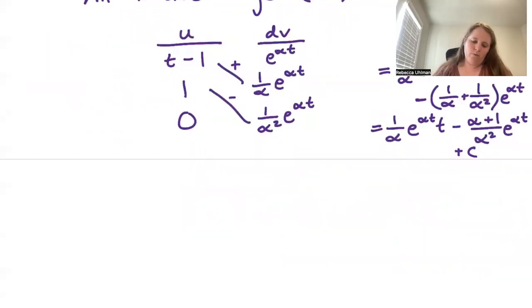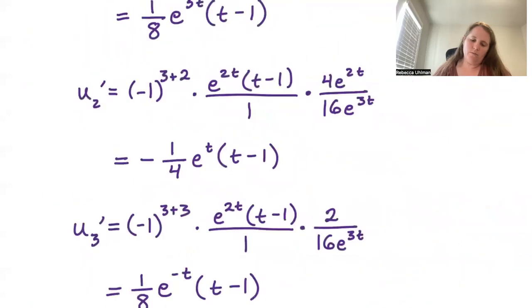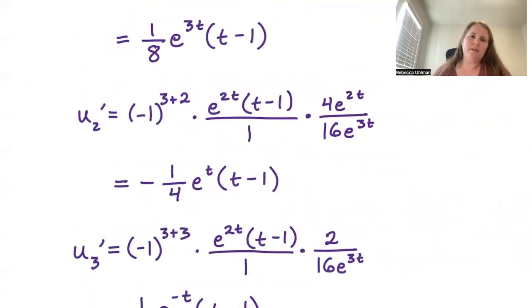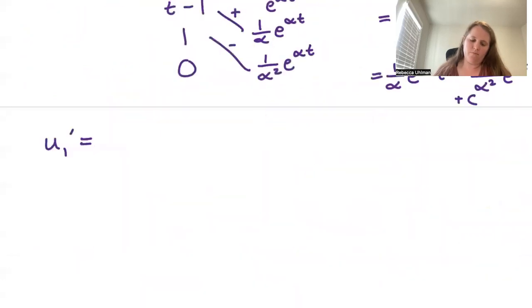So we have u1 prime was equal to 1/8 e to the 3t times t minus 1.